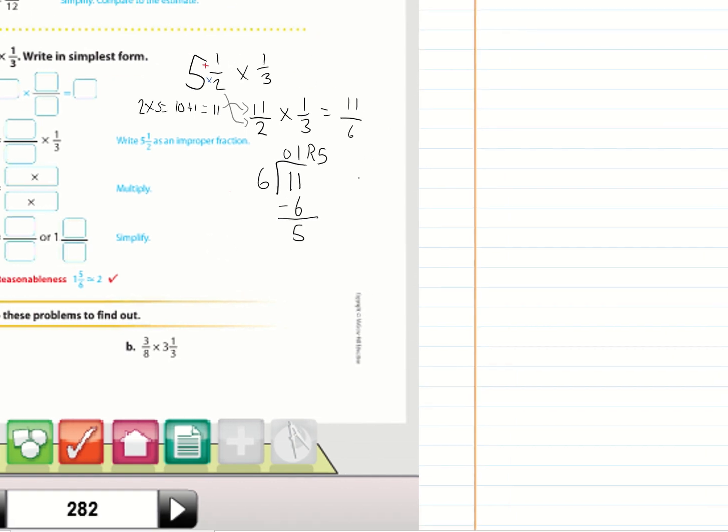And just remember, 1 is our whole number, 5 is our numerator, and 6 is our denominator. So our whole number is 1. Our remainder, 5, is our numerator. And our denominator is our divisor, so the denominator stays the same as before.